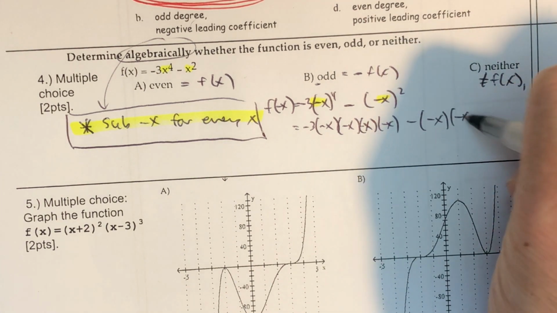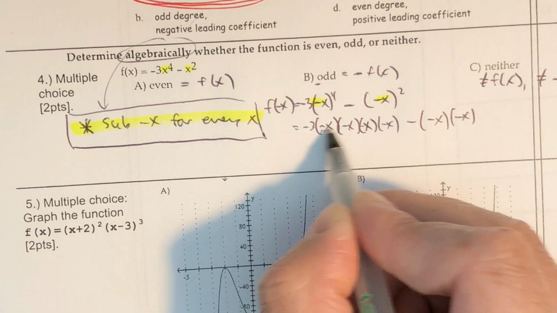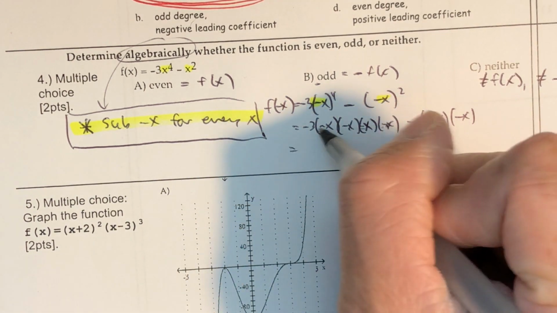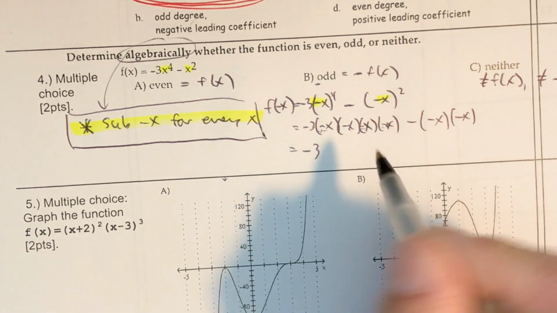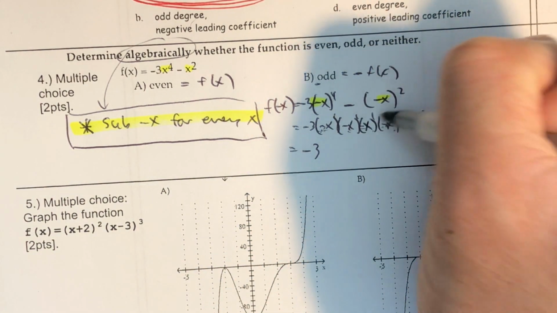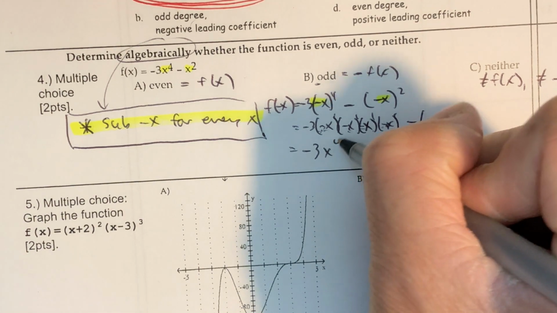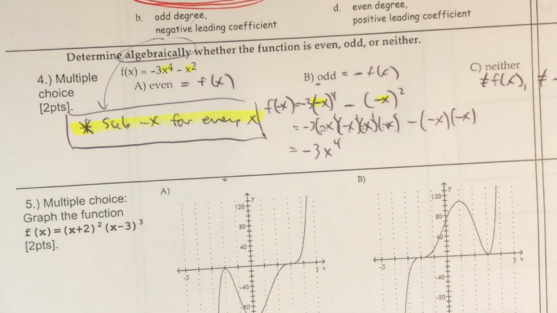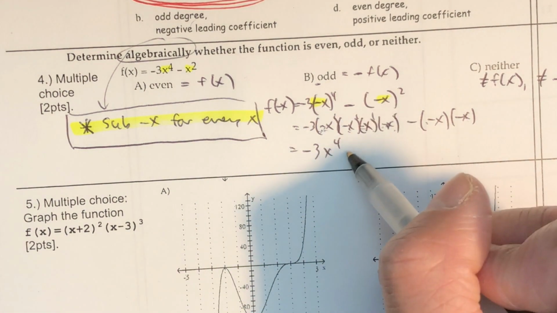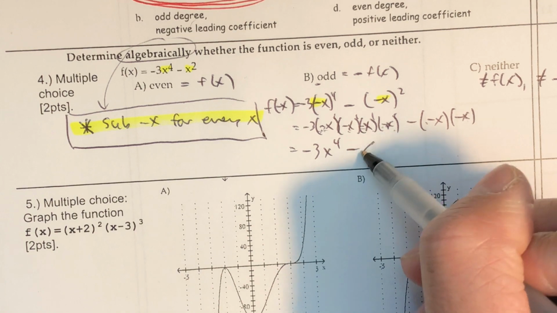And this one has 2 of them. So this would equal a positive and positive. Positive times a positive is a positive. Positive times the negative is negative. X times x times x times x. Multiplying the same base, you add the exponents. So you have negative 3x to the 4th power there. And then this one is negative times negative is positive. Positive times negative is negative. X times x is x squared.